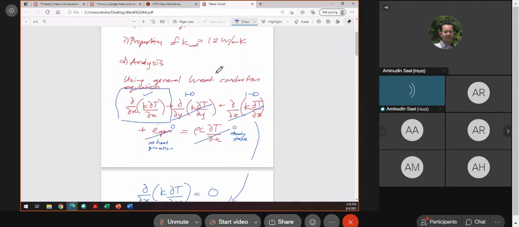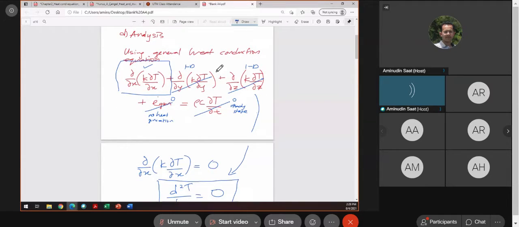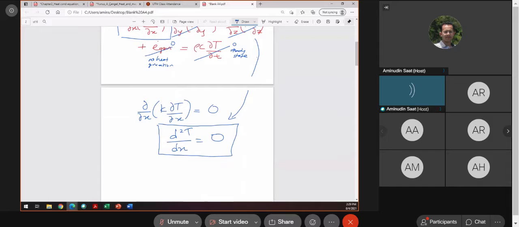So you need to know whether it is useful to define one-dimensional or two-dimensional, or whether you need to consider all three axes, as well as other information, like generation. Okay, so this is the first one. This is your mathematical expression for the current problem.